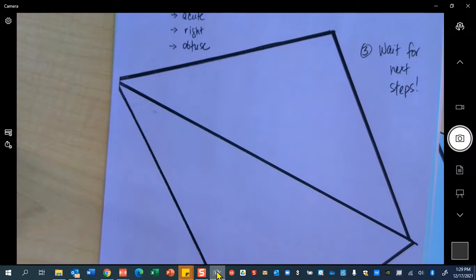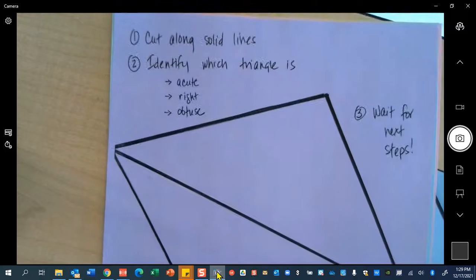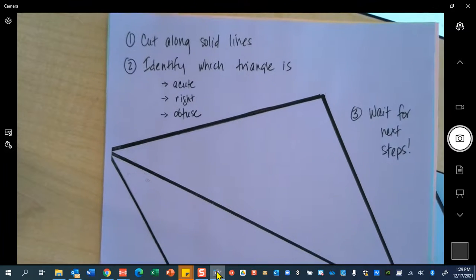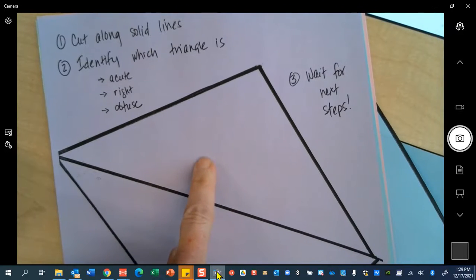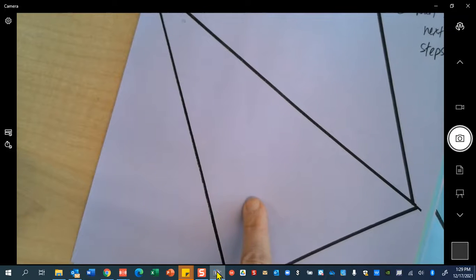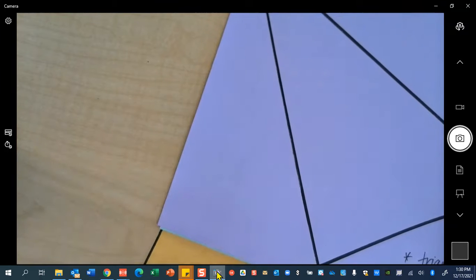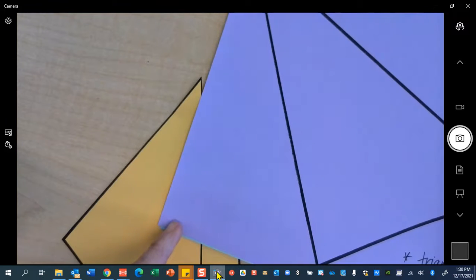There are 3 triangles on this piece of paper that I want to make sure that you get. You're going to cut along the solid lines. Here's triangle 1. He's obtuse. Here's triangle 2. He's acute. Triangle 3 doesn't have markings here and here, but you know he's what kind of triangle?